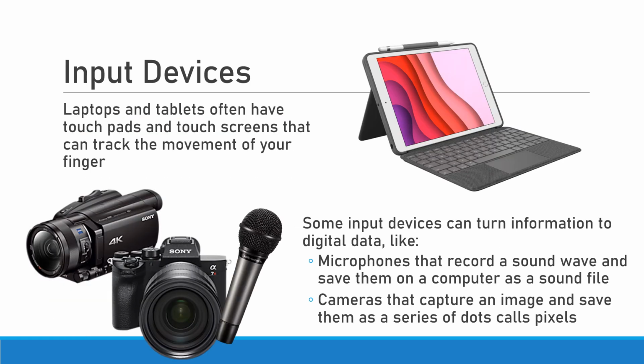Other examples are things like touchpads that have sensors to figure out where it is that you want the cursor to go, but also things like cameras, webcams, and microphones. These are all things that send data to a computer and then the computer stores it or uses it in some way.